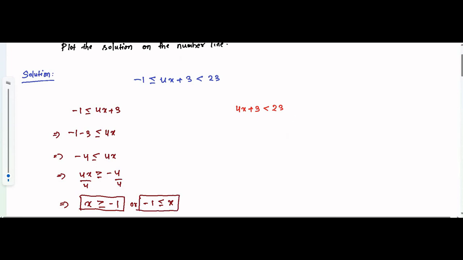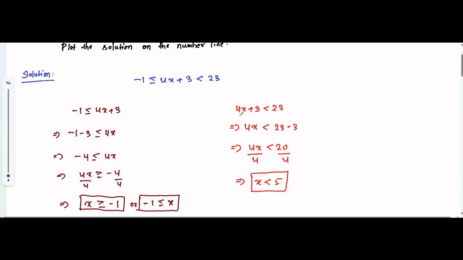Then for the second part, 4x plus 3 is lesser than 23. That implies 4x is lesser than 23 minus 3. We have taken this 3 to the RHS, it became minus. Implies 4x is lesser than 20. Dividing both sides by the same positive number, that is by 4, that implies x is lesser than 5.